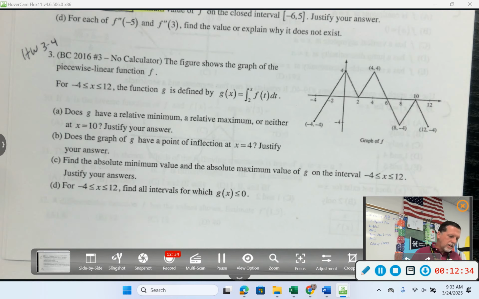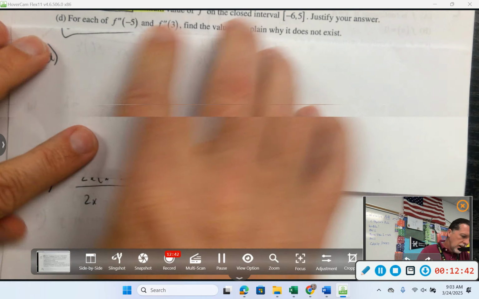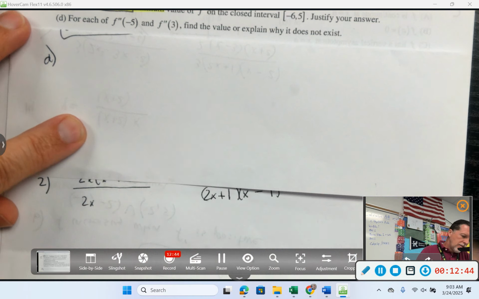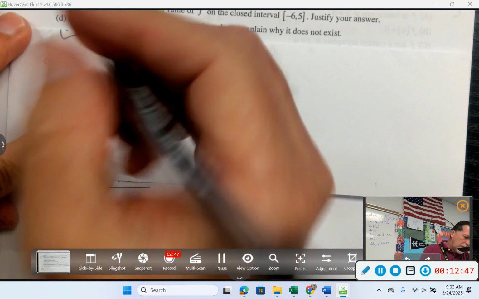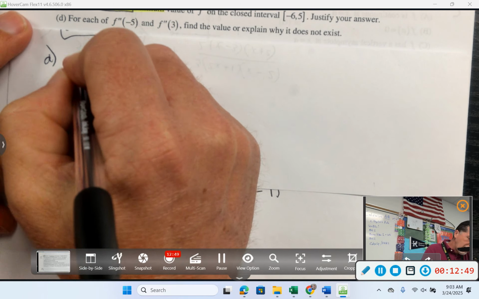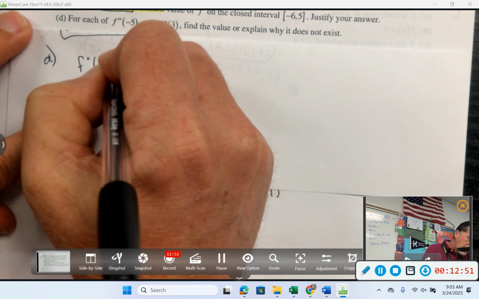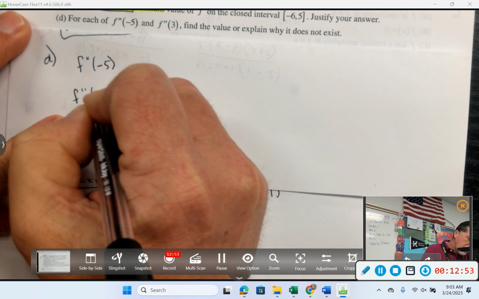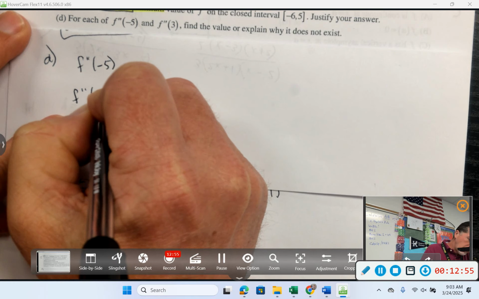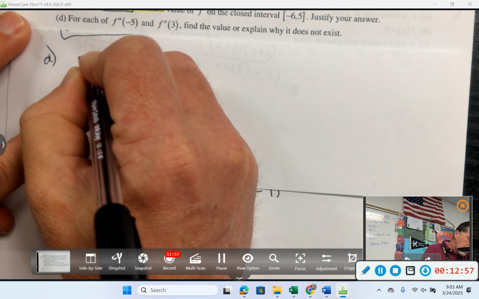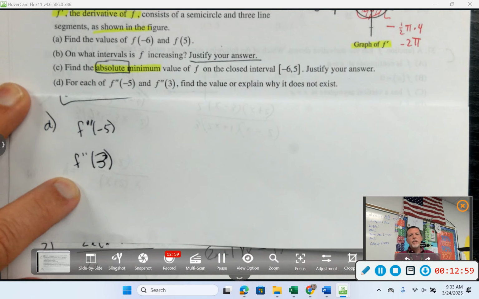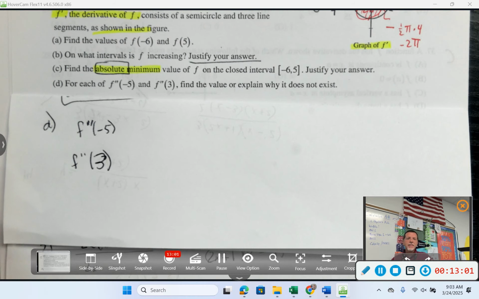All right, part D, last part, so this is probably where we're going to earn our 5 if we can figure out part D. For each of f double prime of negative 5 and f double prime of 3, whoops, not negative 3, find the value or explain why it doesn't exist.